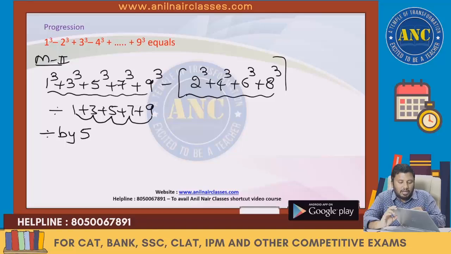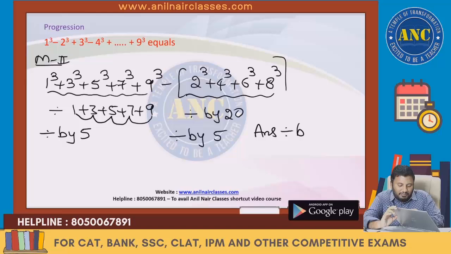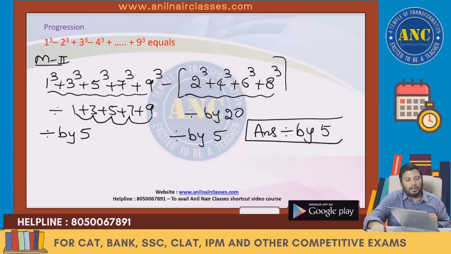The other group, 2 plus 4 plus 6 plus 8, is 20, so it is divisible by 20. That means the answer should be divisible by 5. Check which option is divisible by 5. I hope the idea is clear.